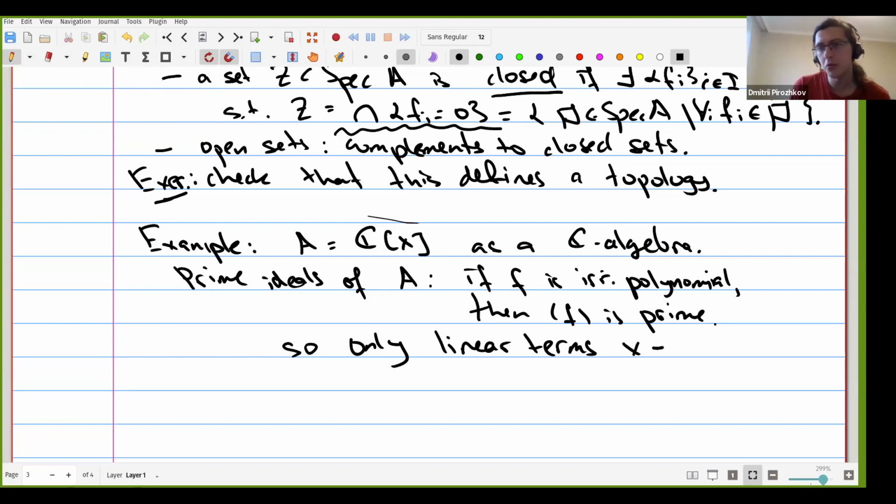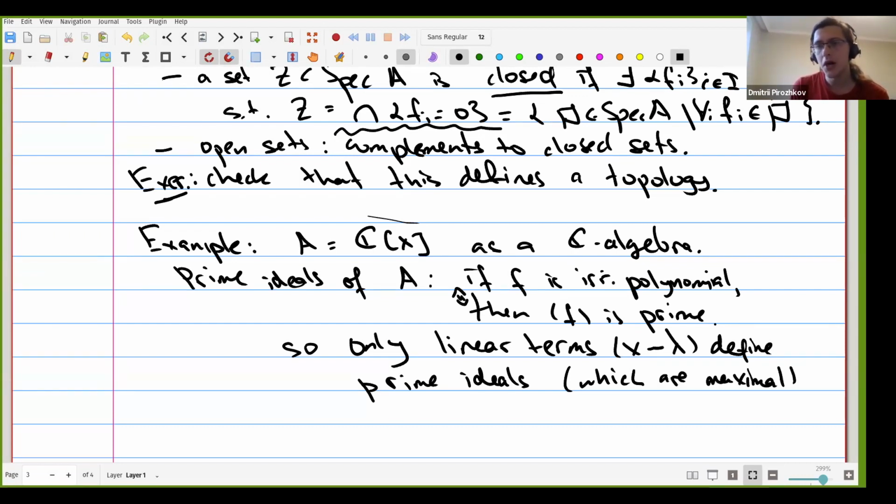And any linear term, up to scalar multiplication, can be written as x minus lambda. Sorry, this is not only then, but if and only if. These define prime ideals, which all are maximal.